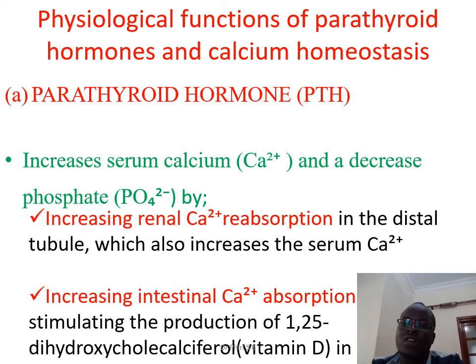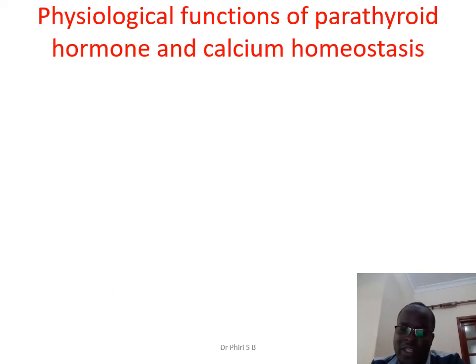The mucosal cells, or the epithelial cells of the intestines, can increase their absorption of calcium with the presence of the active form of vitamin D, which is 1,25-dihydroxycholecalciferol. So you find that there is a lot of absorption of vitamin D in the intestines. But for this active form, you will need parathyroid hormone that will activate the conversion of vitamin D into its active form in the kidneys.